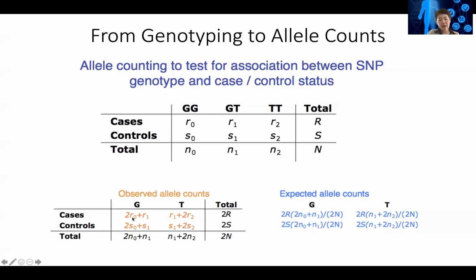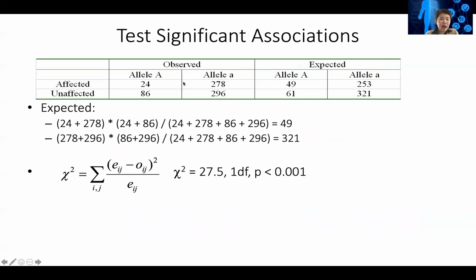You can ask in the actual observation from the case and control, how different is my expected from the observed? And so if you have observed allele as this and expected allele like this, you can ask, how often do we see this? You can again use the chi-square, which is the expected subtracted by the observed squared divided by the expected. And again, this is kind of a chi-square test.